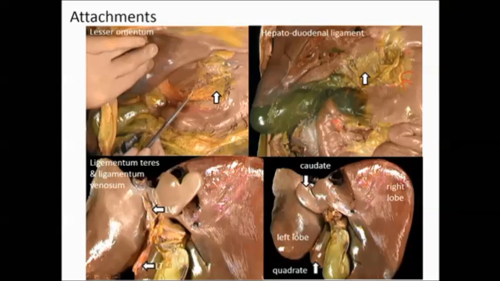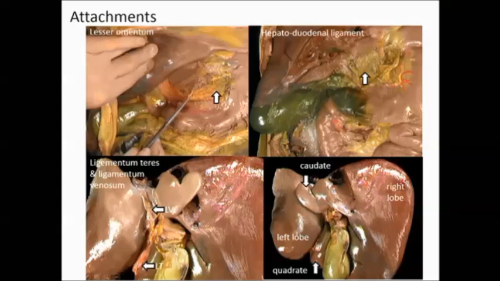So again, here in the bottom right-hand corner, left quadrate, right caudate, some of the landmarks for these lobes. You can see the falciform ligament and the gallbladder are surrounding the quadrate lobe, if you're looking for landmarks, and the vena cava would be here in this impression, and then between the left lobe and the vena cava, you've got the caudate lobe.